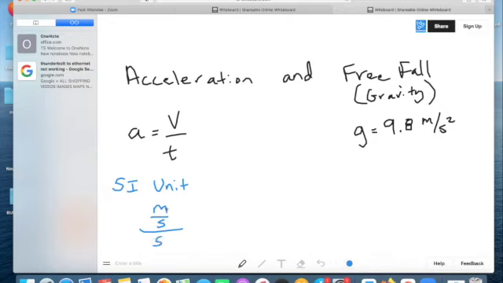So that is going to be equal to meters over seconds squared. This is the SI unit for acceleration. It is also the SI unit for gravity, because gravity is a form of acceleration in the downward direction towards the Earth's surface. All right, so gravity is downward acceleration.